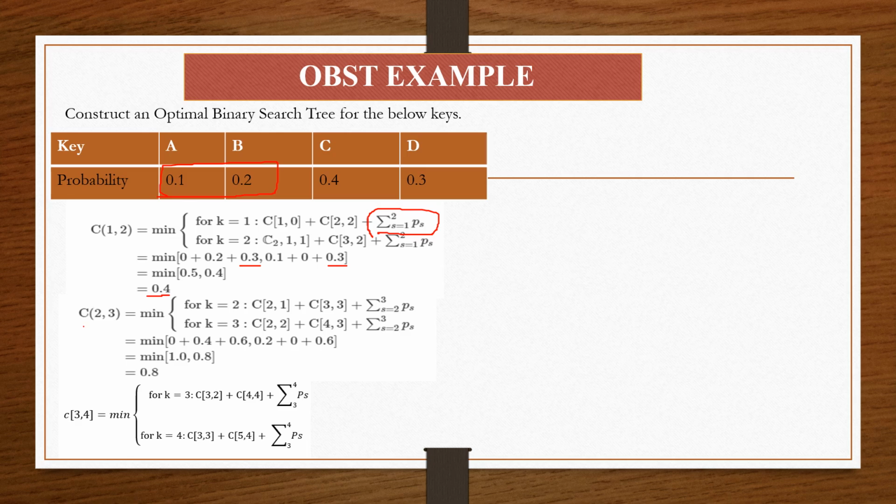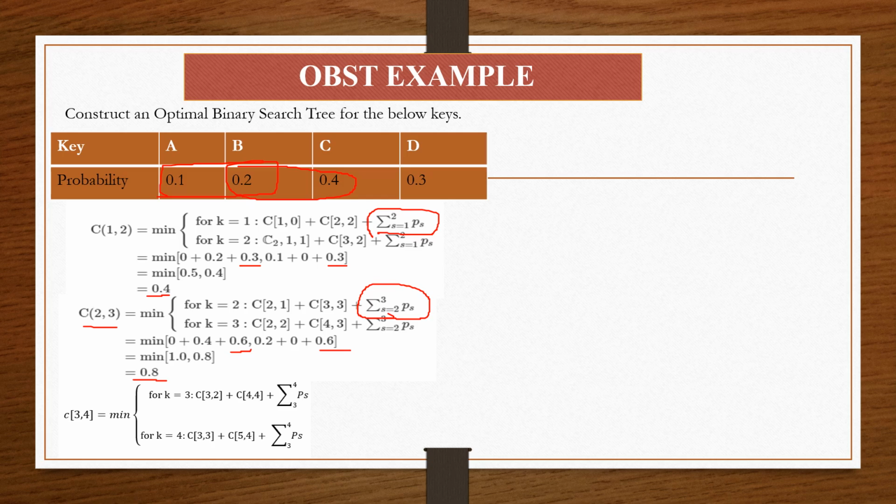Similarly, I apply the same formula. Now i is 2, j is 3. So summation of probabilities of 2 to 3, that is 0.2 and 0.4. That is the reason I am having 0.6 here and 0.6 here. Applying the values of i, k, j in the above formula and finding out the minimum, I will have 0.8.